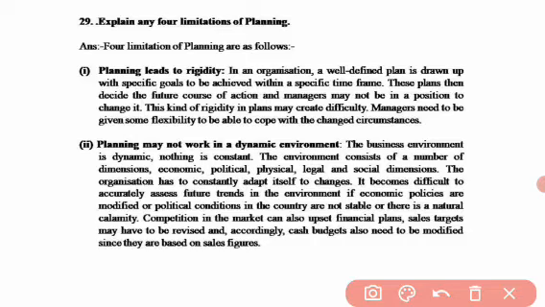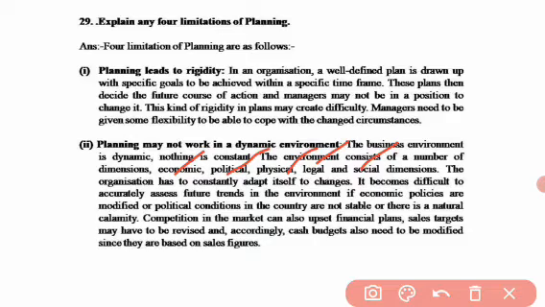Next, planning may not work in a dynamic environment. Why? Because the business environment is dynamic. Nothing is constant. In that situation, the environment may change. It may be economic, political, physical, legal, social dimensions like this.